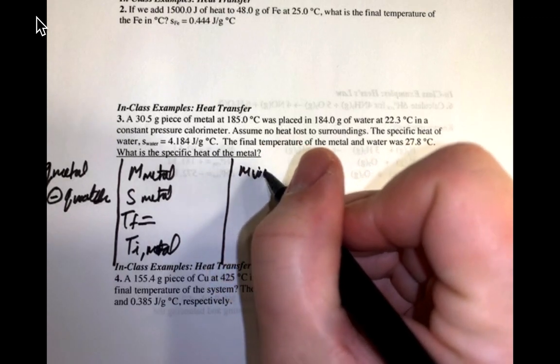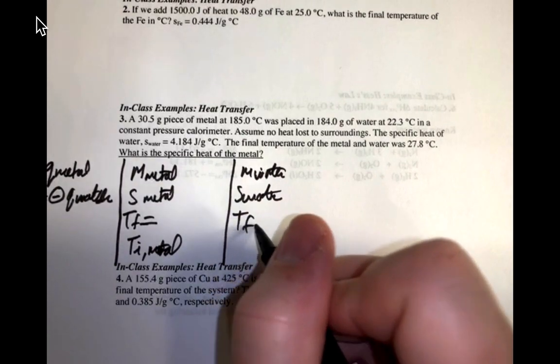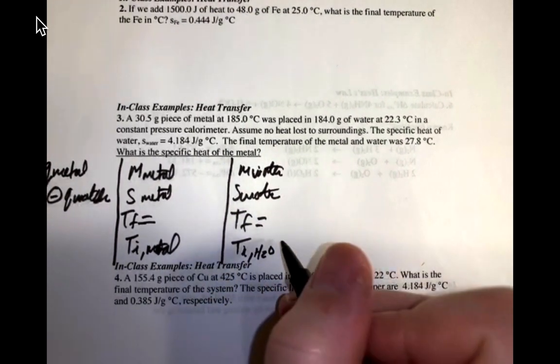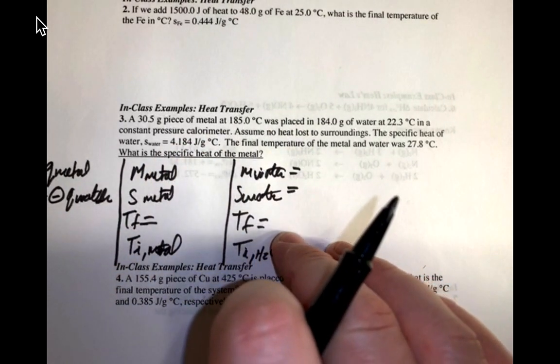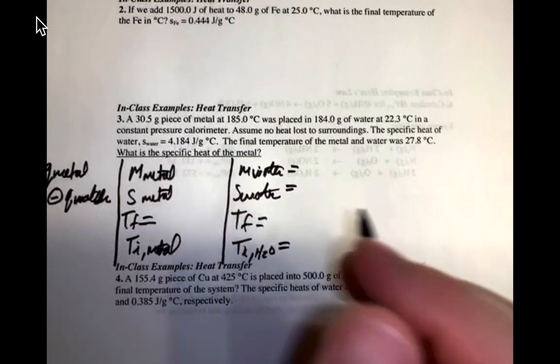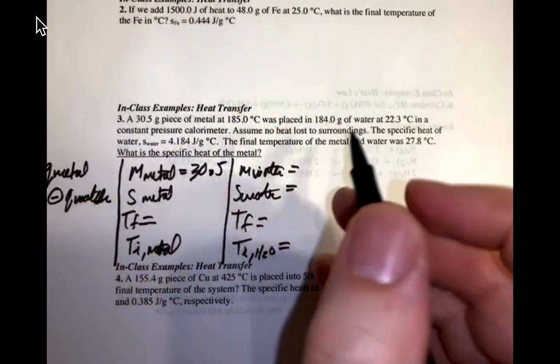The mass of the water, the specific heat of the water, the final temperature, and then the initial temperature of the water. Okay, and we'll set these two columns equal to each other, making sure that we put a minus sign in.